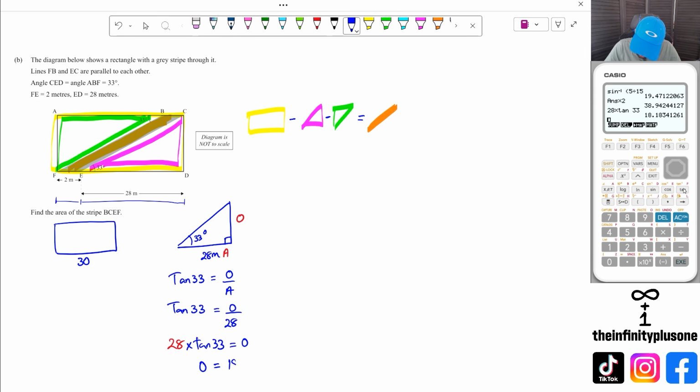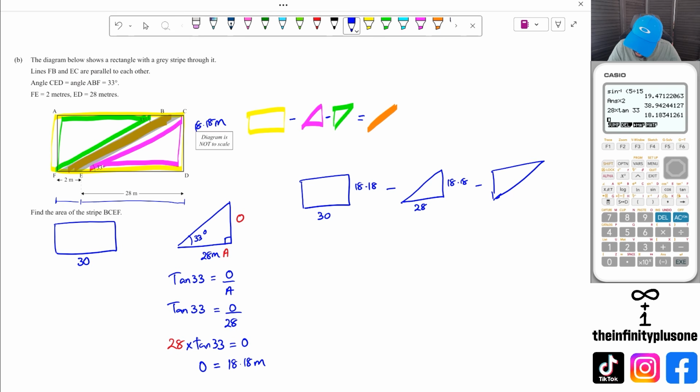So 18.18 meters is the height of the rectangle as well as the pink triangle and the green triangle. All right, so now let's work out the rectangle first. So the area of the rectangle is going to be 30 for the base and 18.18, minus the pink triangle, which is going to be 28 and 18.18, minus the green triangle, which also happens to be 28 and 18.18.